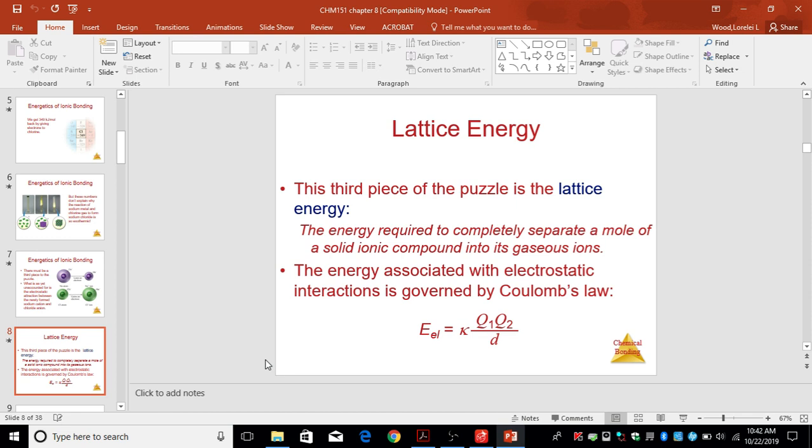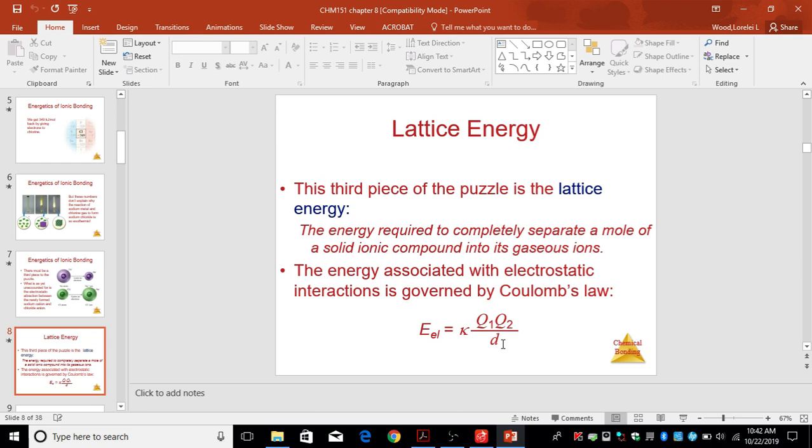The energy that you use for this is dictated by Coulomb's law. So this energy here, the lattice energy, is related to Q1 and Q2. Q1 and Q2 are the charges of the individual ions, and D is the distance between the nuclei of the atoms involved in the bond.